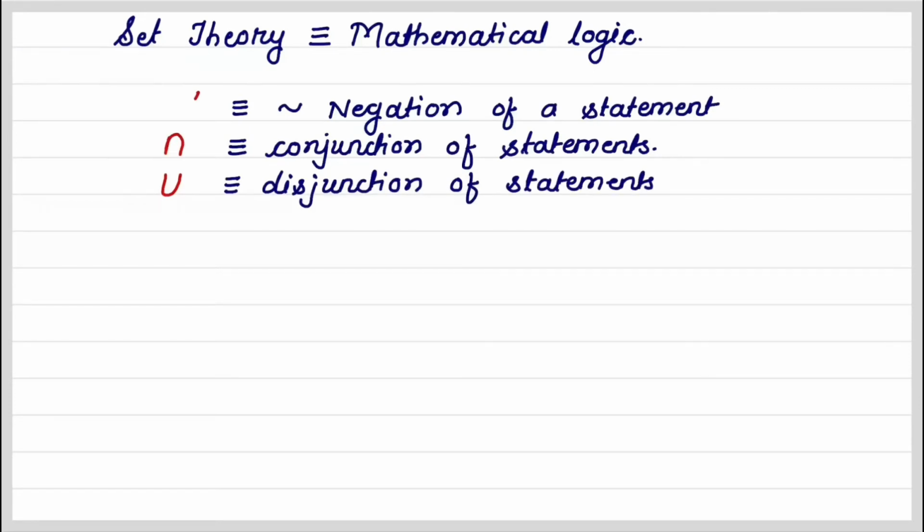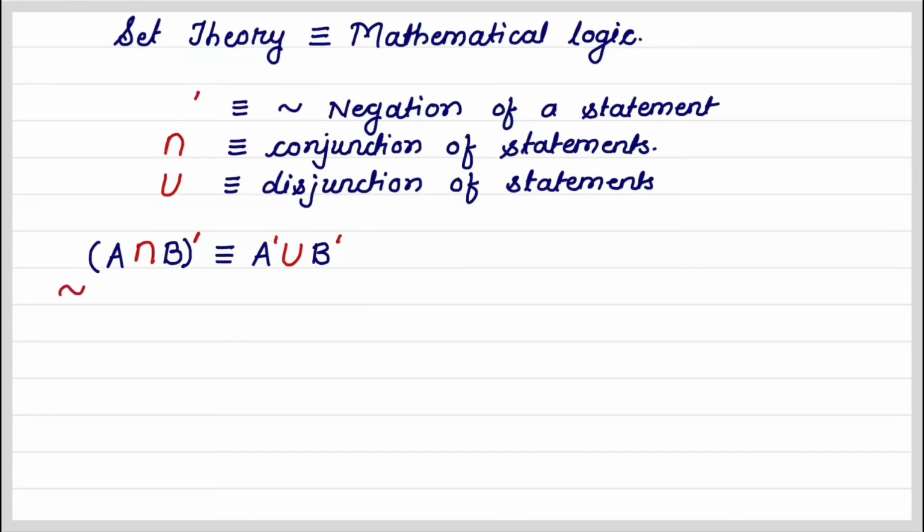In set theory, we have studied (A intersection B) complement is equal to A complement union B complement. Now replace complement, intersection and union by negation, conjunction and disjunction.